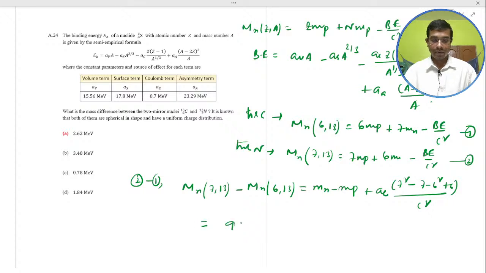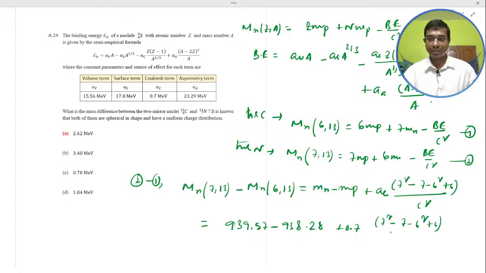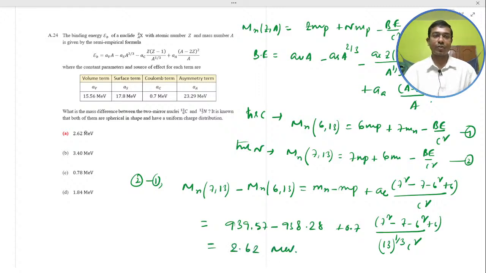This will become 939.57 minus 938.28 plus 0.7 times (7 square minus 7 minus 6 square plus 6) divided by 13 to the power 1/3 mc square. So this will become 2.62 mega electron volt. 2.62 will be the correct answer.